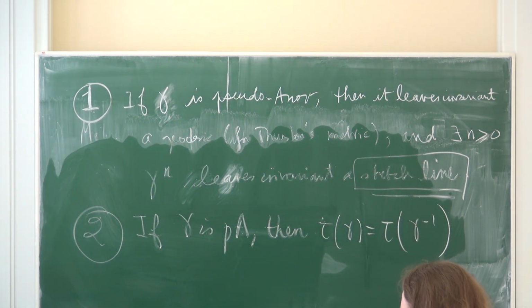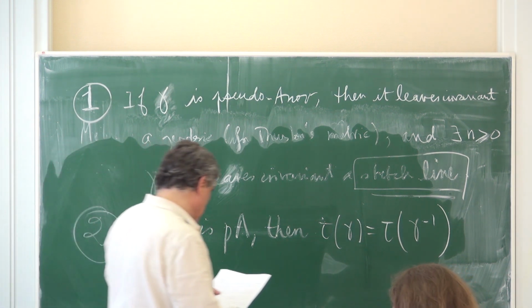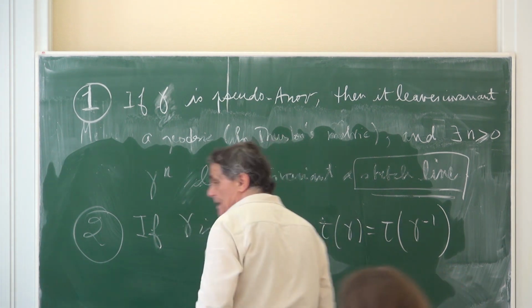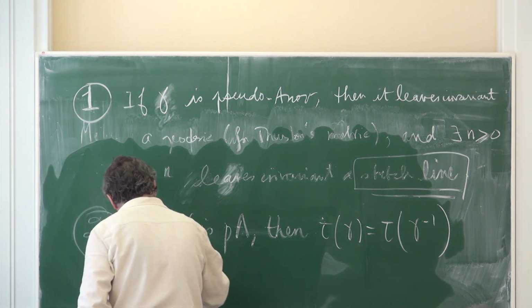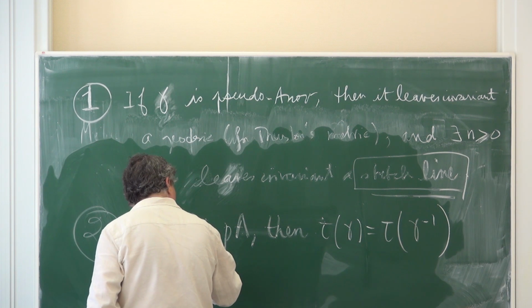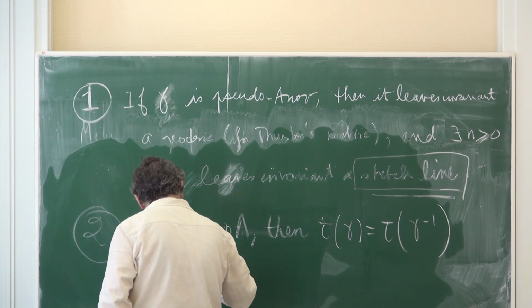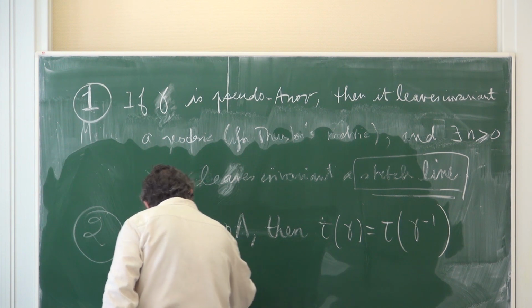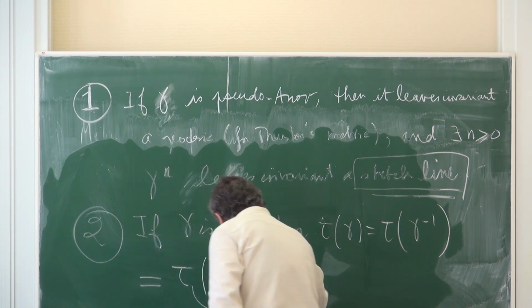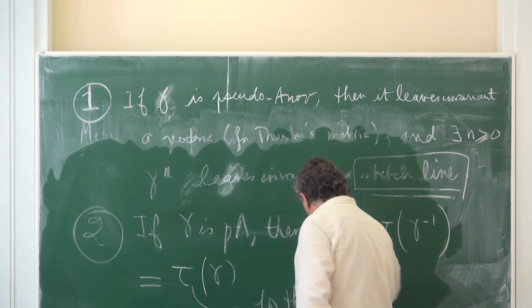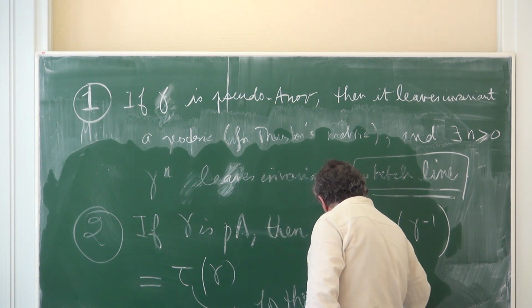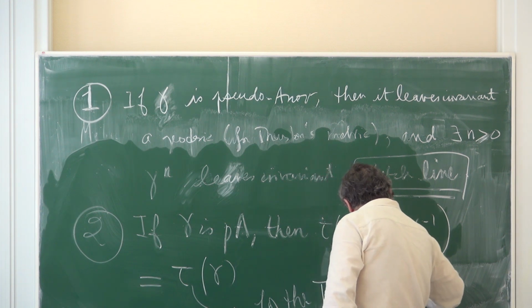So there is something positive for pseudo-Anosov, not in general, and in fact something unexpected, very interesting, I think: it's also equal to tau of gamma, the translation distance for the Teichmüller metric.